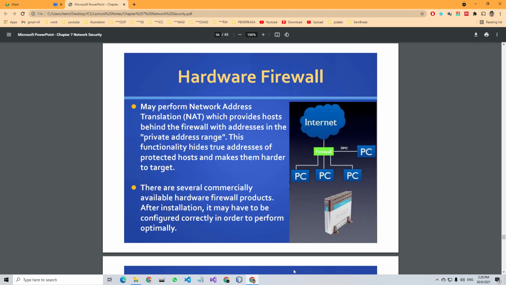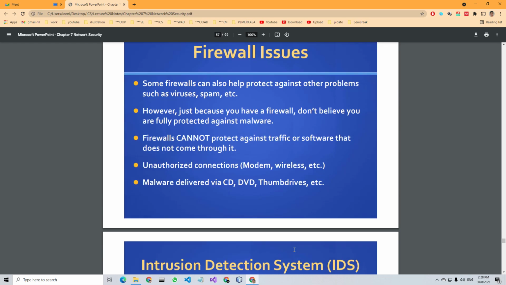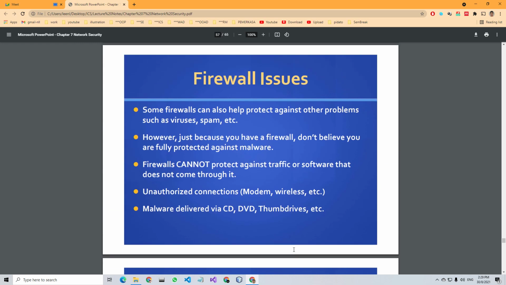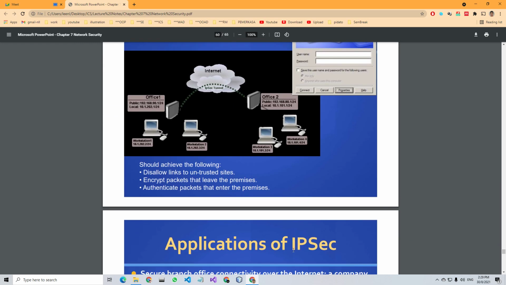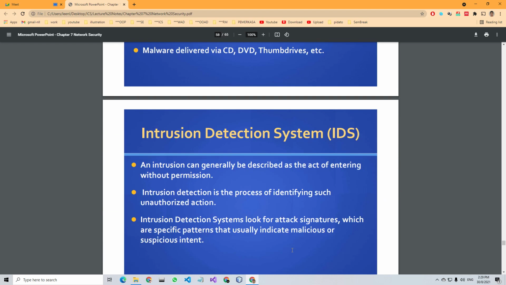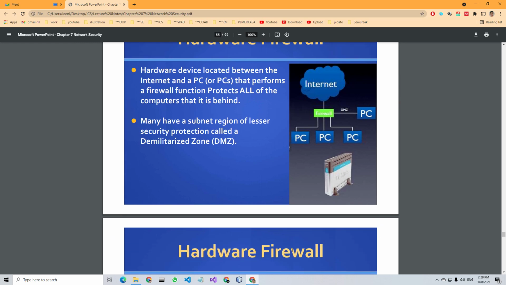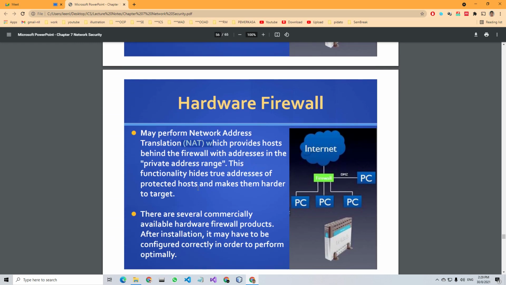So here we are talking about Network Address Translation, NAT. This NAT usually operates on a router to protect a private network.